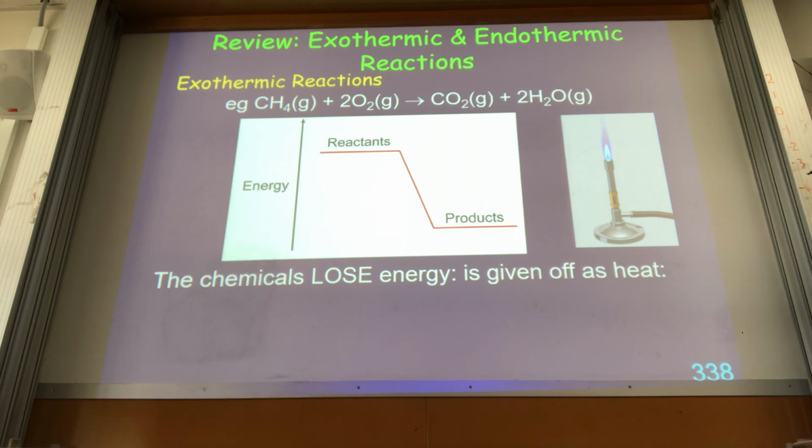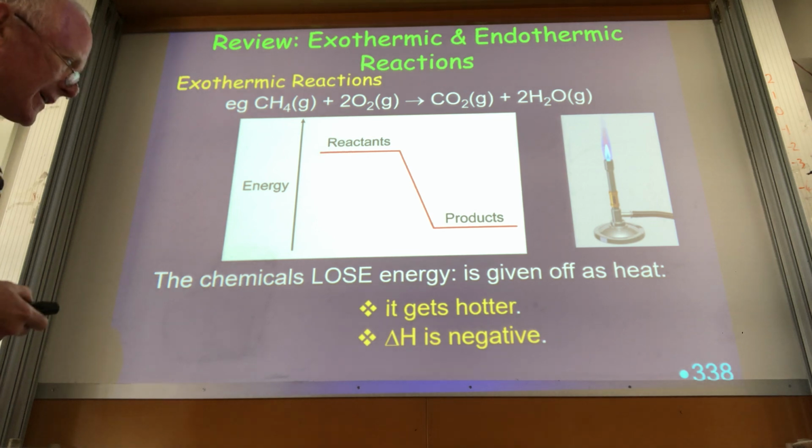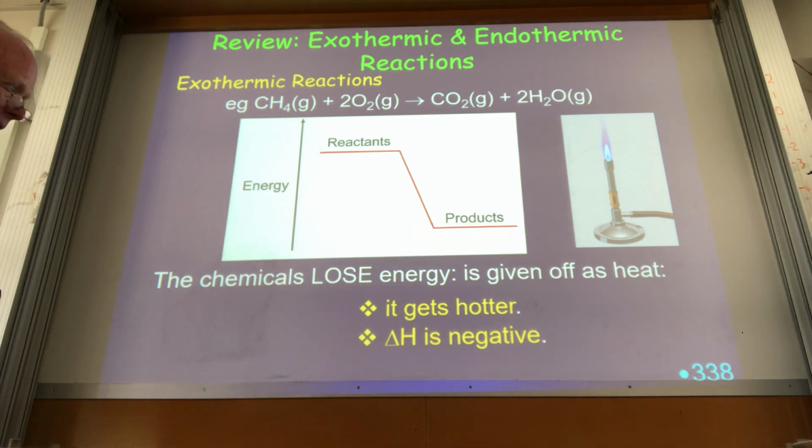That energy gets released into the environment. We experience that as heat. So with an exothermic reaction you'll experience the environment getting hotter, and delta H being negative, of course, because the chemicals lose energy.